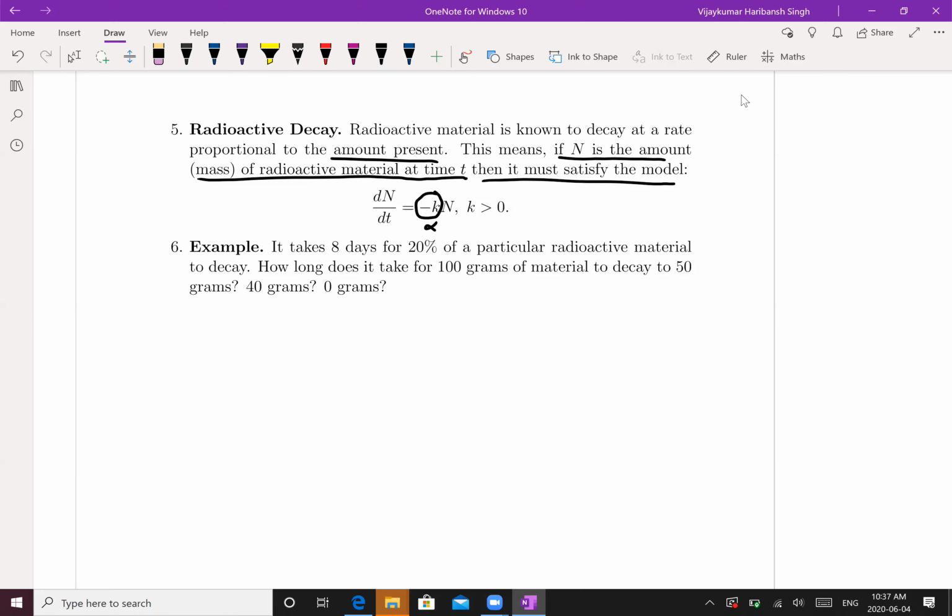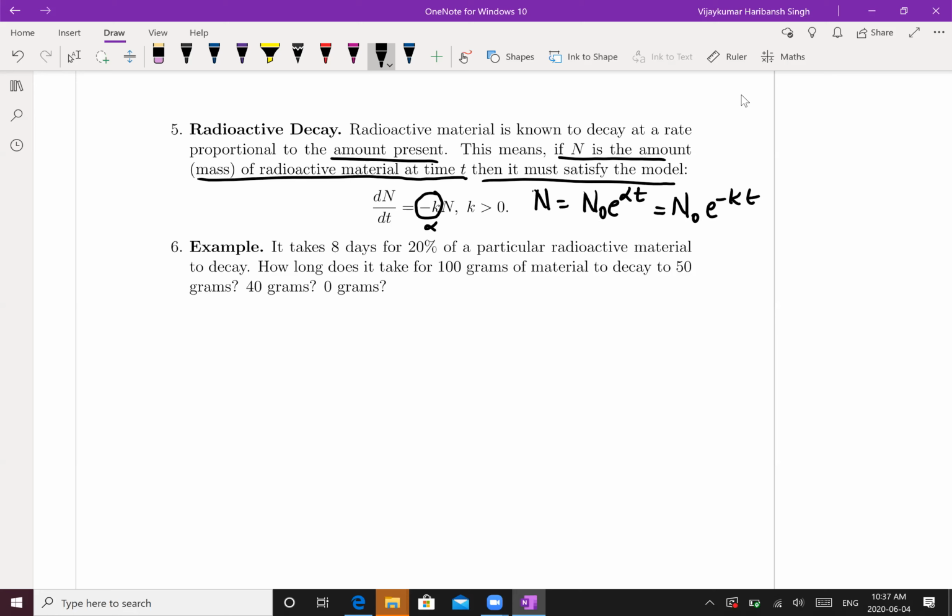Looking at the previous equation, n equals n0 e to the power alpha t, and then alpha is minus k. So we have n0 e to the power minus kt. This is a solution to this equation.